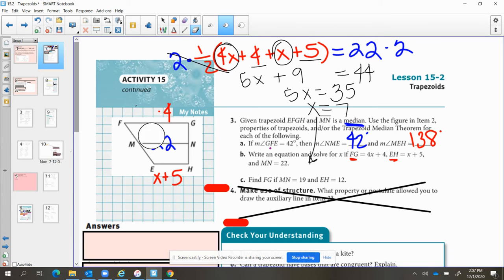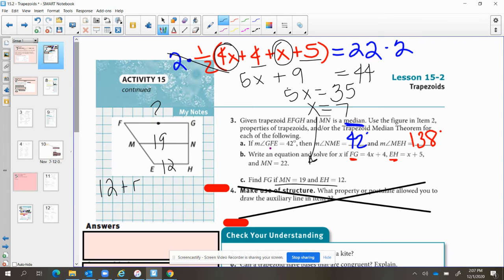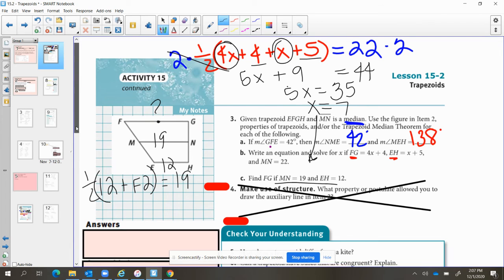Now, a little bit easier than that is if they did not give us algebra to do on this particular problem. If they gave us just side lengths, we have MN is 19, EH is 12. And if we were looking for FG, again, we know that 12 plus FG, divided by 2 or multiplied by 1/2, has to equal our median.